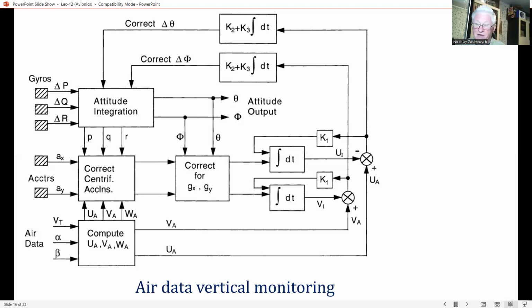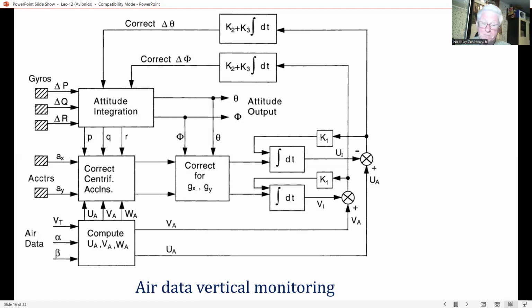Tilt errors we have as delta theta and delta F. Delta theta and delta F arise in deriving the pitch angle theta and bank angle F from the gyro output, assuming the errors in the computed centrifugal acceleration are small.